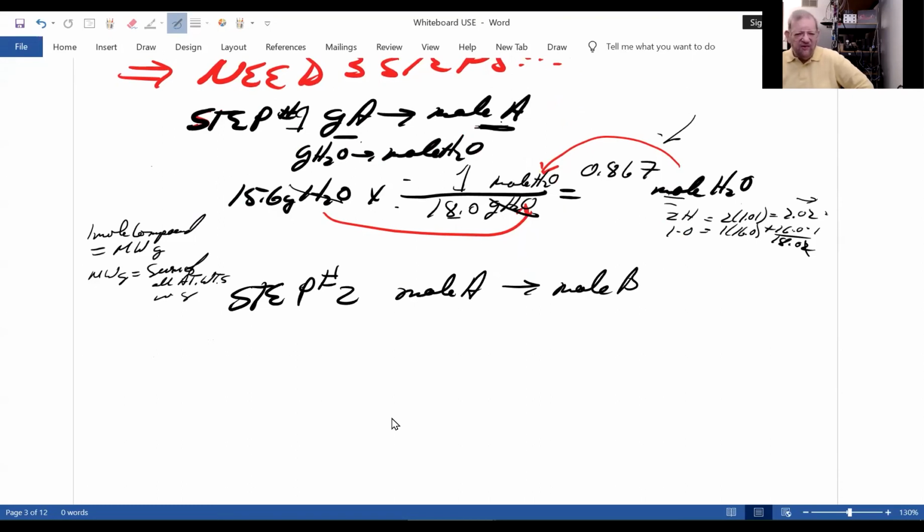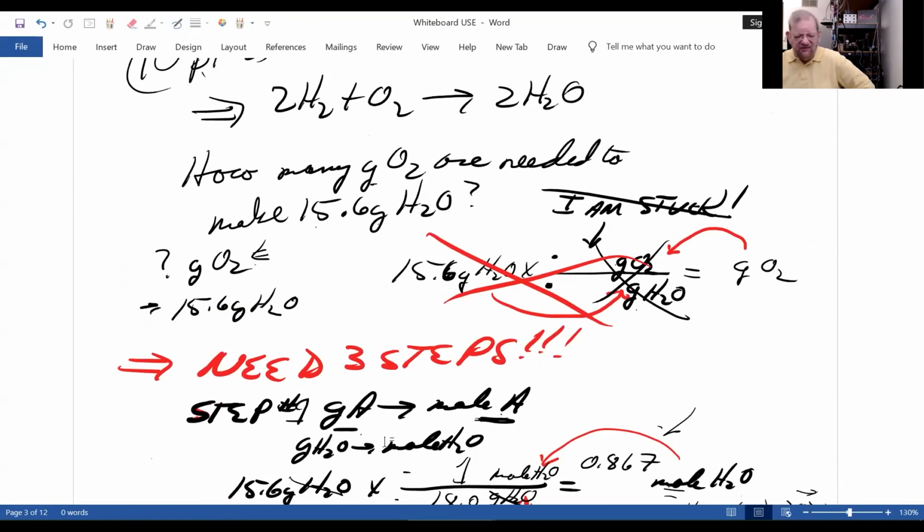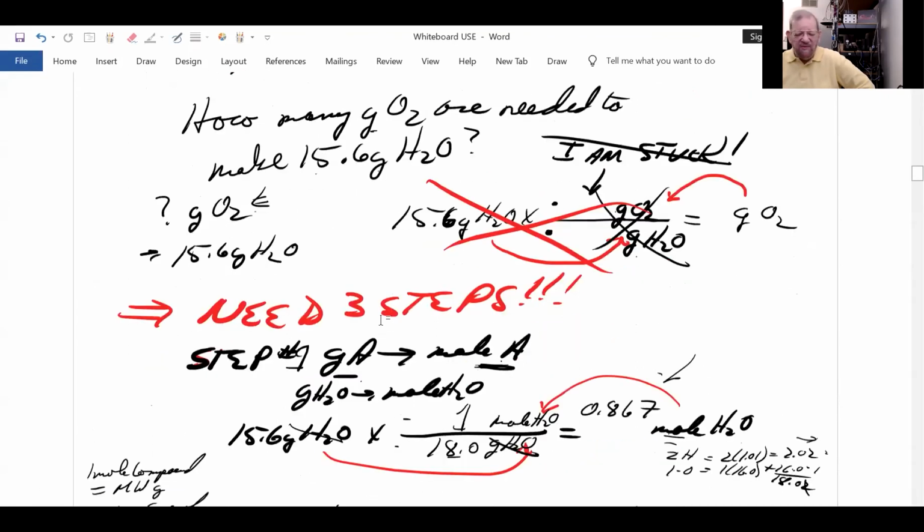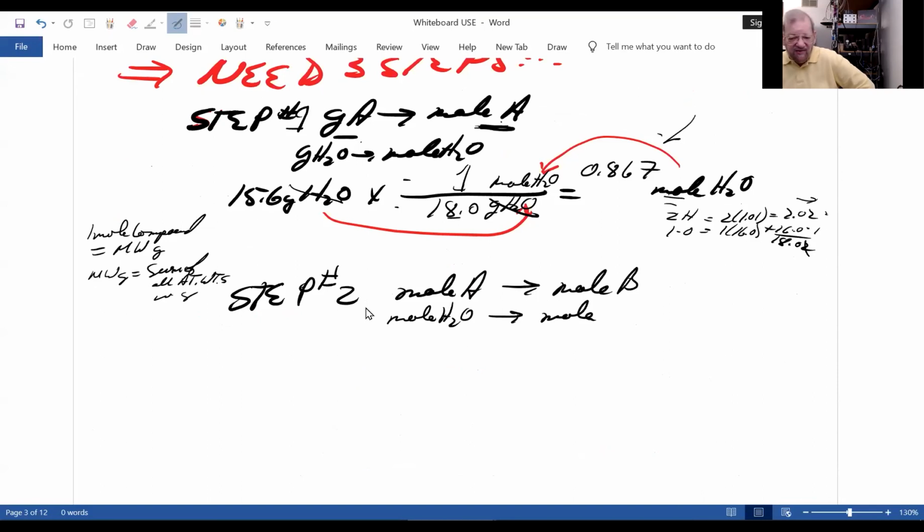In this case, we now have moles of water, and we're trying to get to moles of what? Oxygen. Well, grams, but not yet. We're going to go to moles of what we're trying to get to, O2. So I've just calculated moles of water.